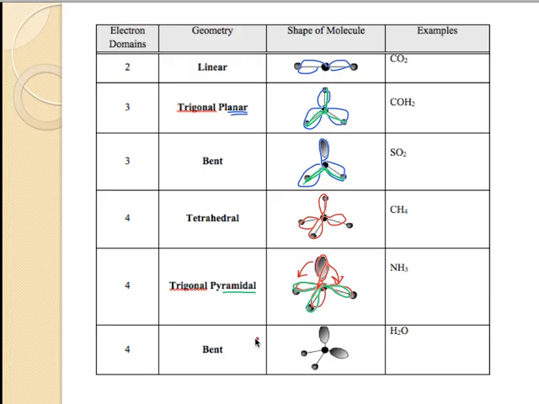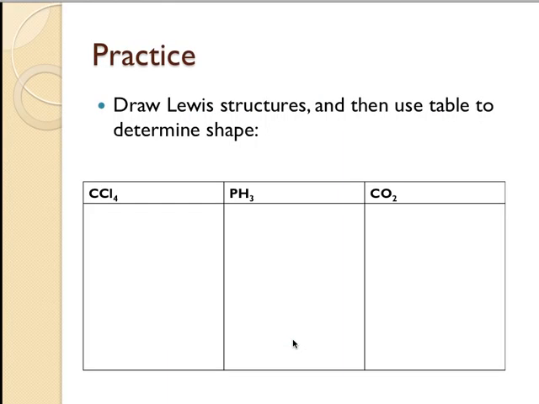And then I can have a bent shape with a tetrahedral electron domain, but only 2 connected, making it bent. Hopefully working with models will make this easier to see.